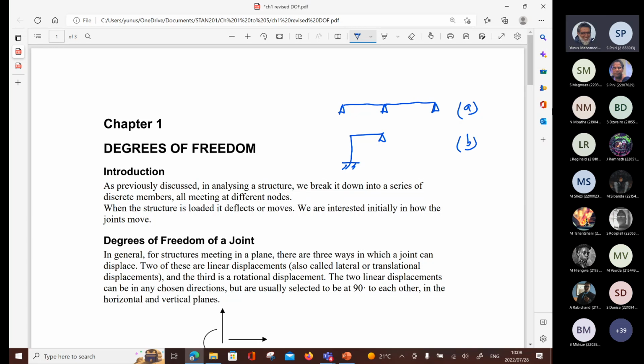Is it statically determinate? Statically determinate means, in simple lay language, can you use sigma H, sigma V equal to 0 and sigma M equal to 0? Can you use these three equations to solve the problem?